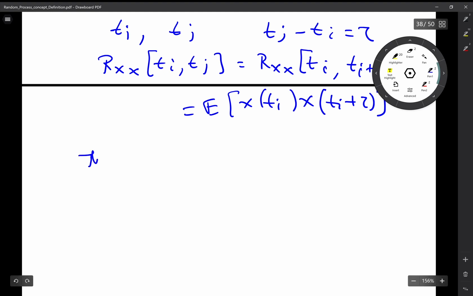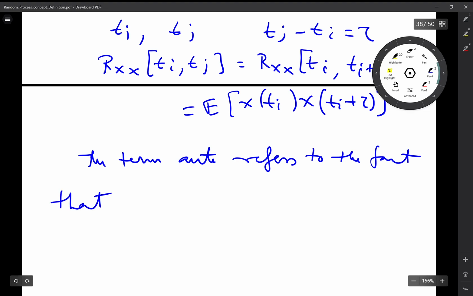The term auto refers to the fact that both the samples in the correlation function or the covariance function come from the same process.